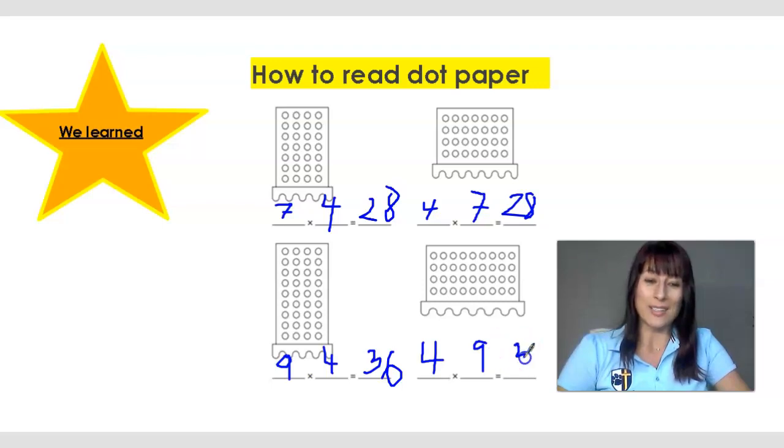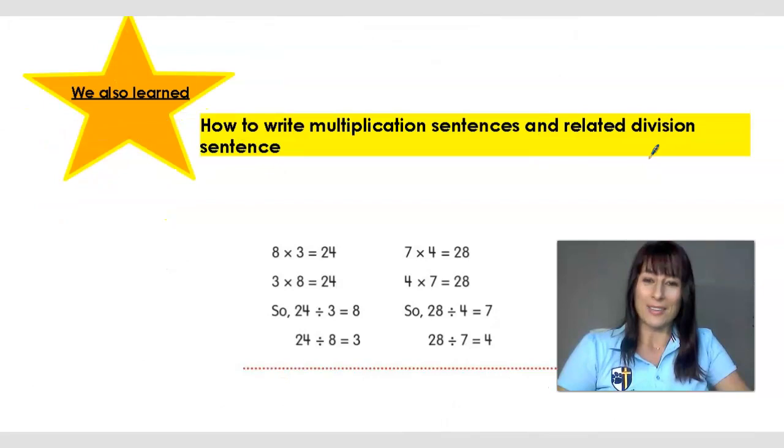We're going to put the same answer, because this is a related multiplication fact. So 9 multiplied by 4 and 4 multiplied by 9 is 36. Great. You see, at the same time, we also reviewed related multiplication facts. Nice. Okay, so let's see what other star we can get.